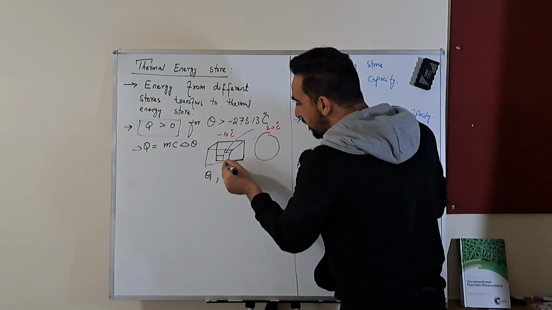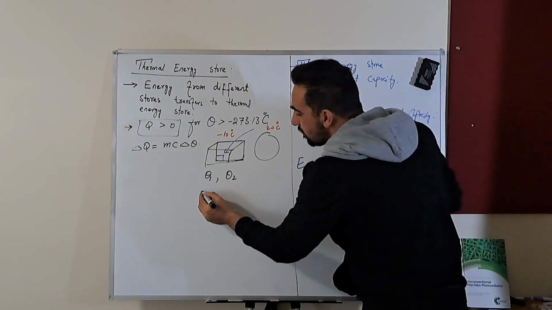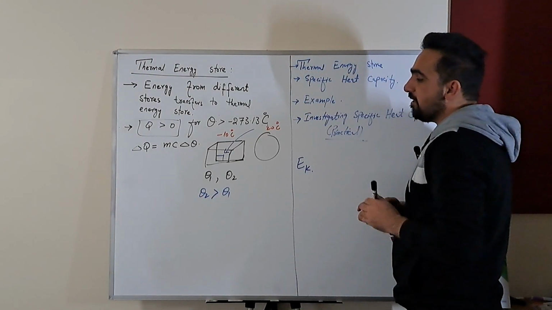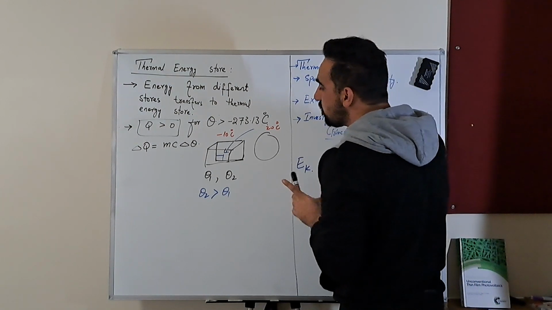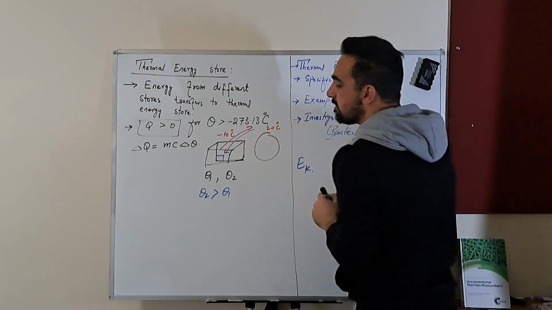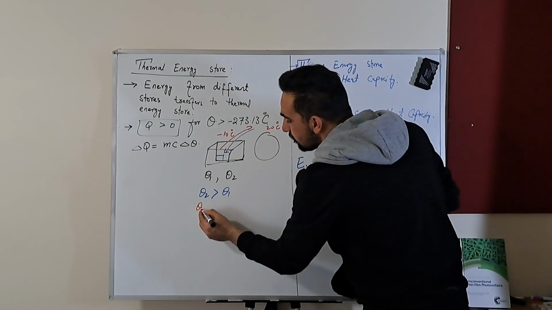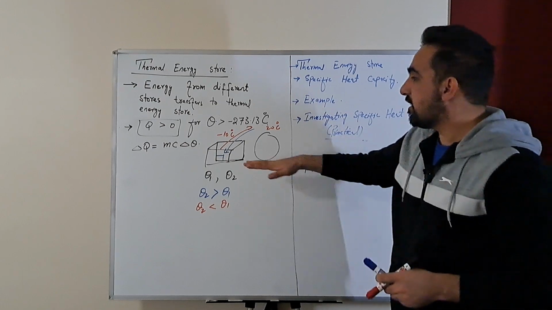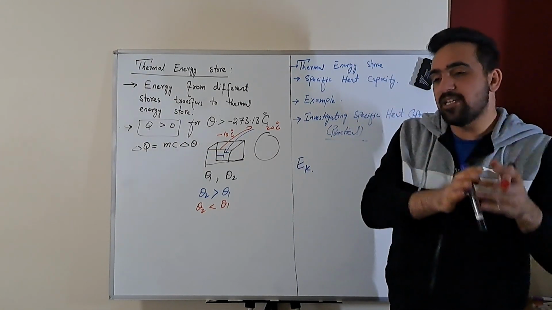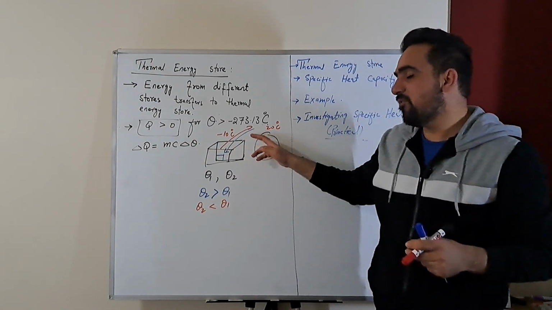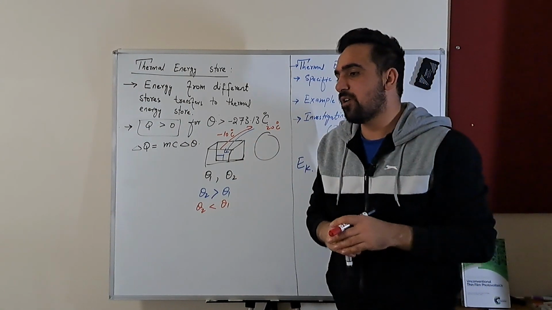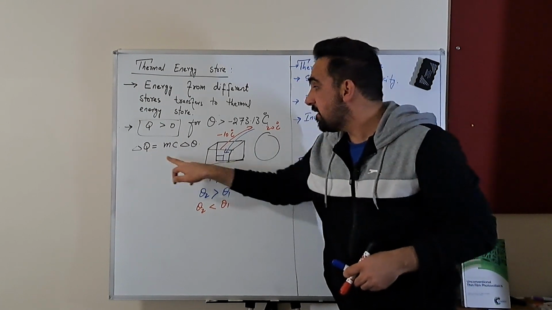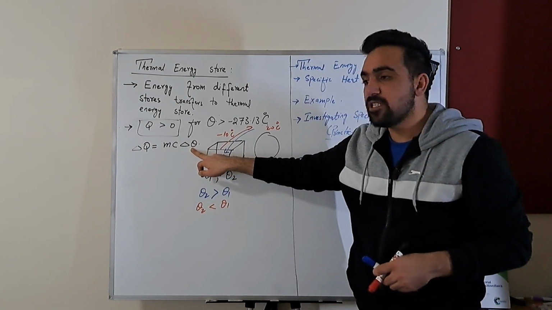If the energy is coming into the store, then theta 2 is always greater than theta 1. But if energy is going out of the store, in that case, theta 2 will be less than theta 1. So whenever energy moves into the thermal energy store of an object, it will try to change the temperature. So change in thermal energy depends on change in temperature.